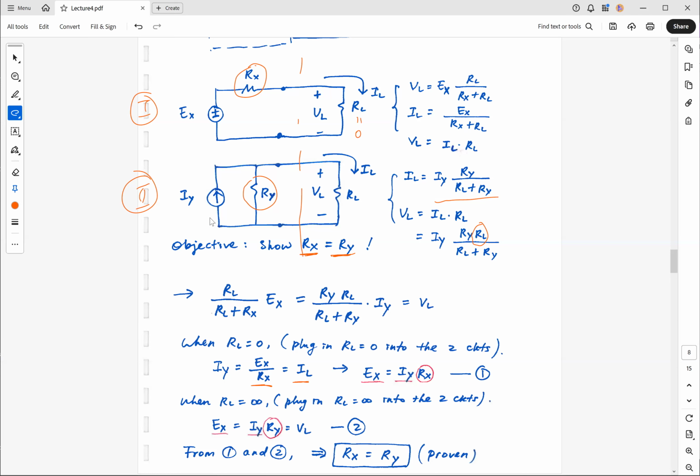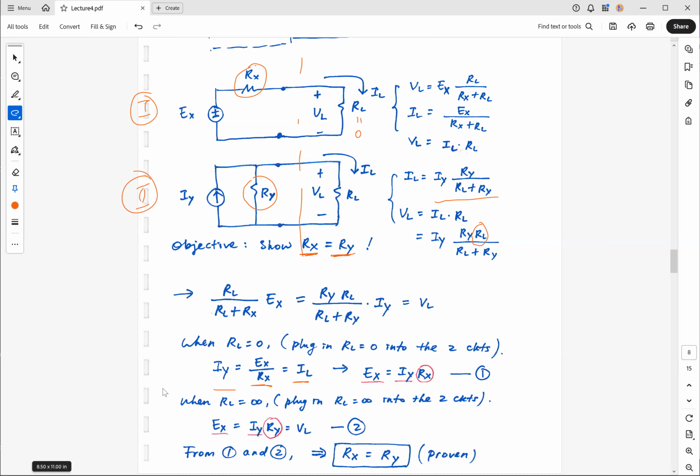Current flows to the path with the least resistance, right? So I have two paths here, and the lower of the two is this path, which is the short. All right. So that's why I was able to come up with this equation here: IY is equal to IL, or IL is equal to IY.